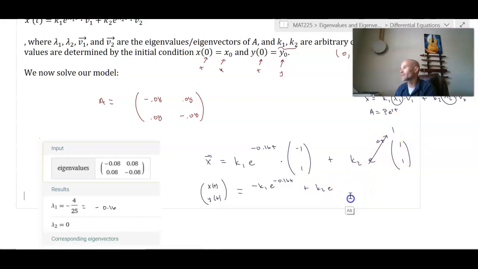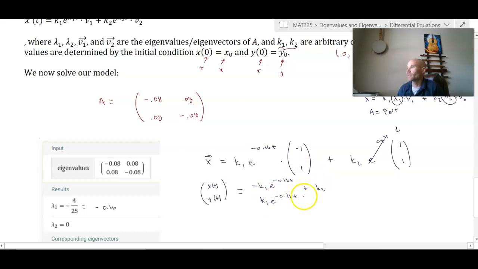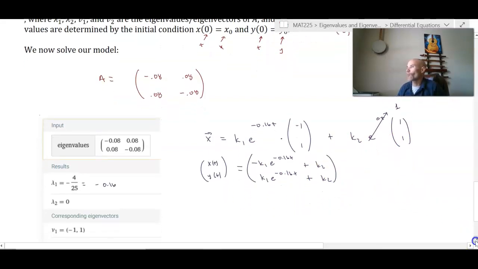So I'm going to go ahead and leave this e off right there. It's just going to end up being plus k2. And then we'll have k1 e to the negative 0.16 t times positive 1, which is just k1 e to the negative 0.16 t, plus k2 times 1, which is plus k2. And there we go.